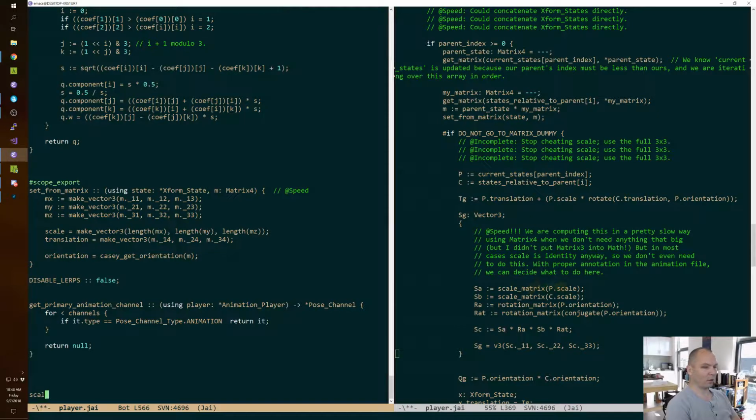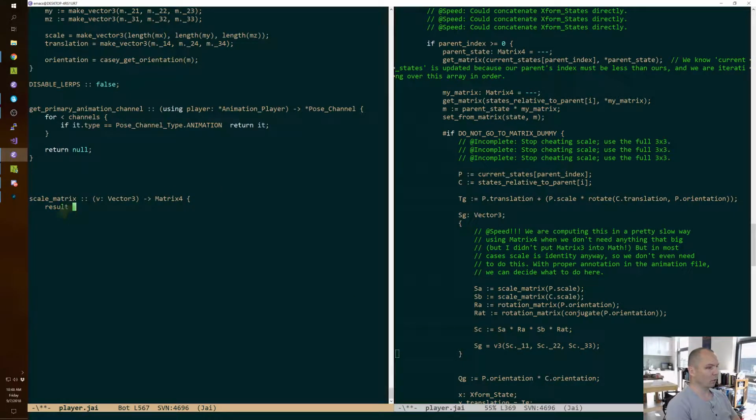So scale matrix is V vector 3 to matrix 4. Result, or let's call it R, matrix 4 identity. R.11 times equals V.x. Return R, right? This is YZ, and this is 2,2 and 3,3. So we're multiplying the diagonal elements of the matrix by the scale vector to essentially convert the scale vector up.